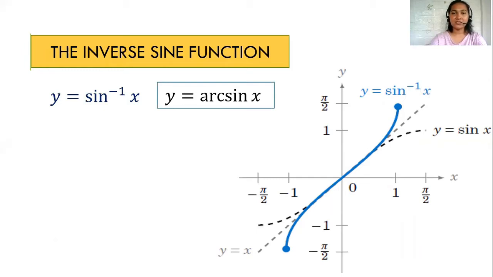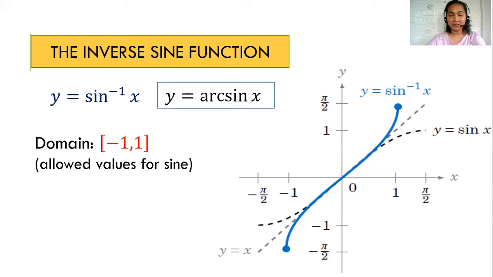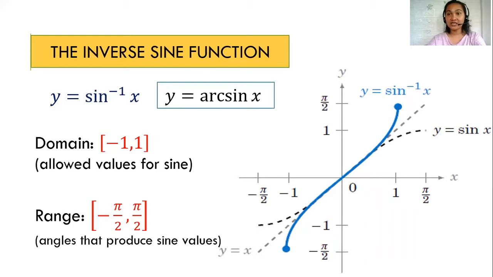So this means we have the inverse of the given sine function. Based on this illustration, we need to show that the inverse of the function is reflected on the line y equals x, which is represented by this blue curve. Now the domain will be the allowed values for sine from -1 to +1, while its range, these are the angles.